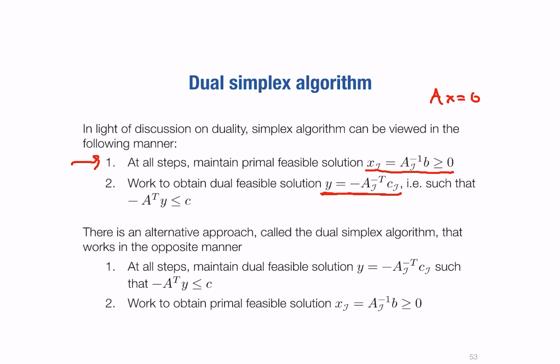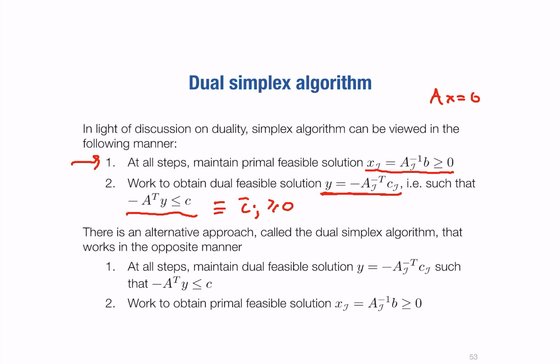And this is actually the sufficient decrease condition: A transpose y less than or equal to c is equivalent to the condition that c bar j is greater than or equal to 0. You can go back to the proof about the simplex algorithm if you don't remember that.